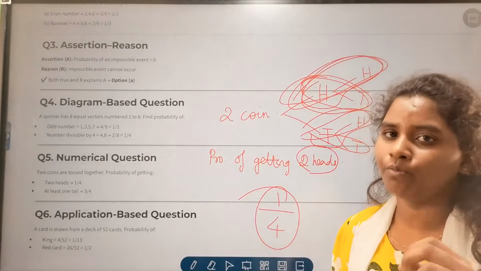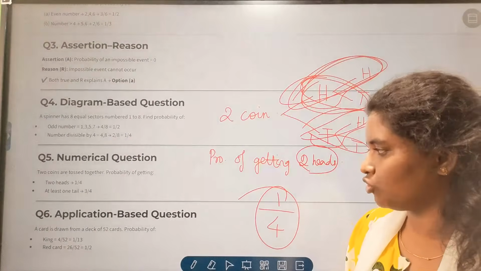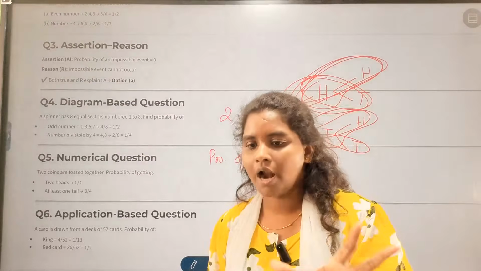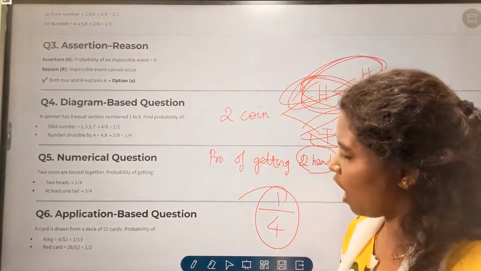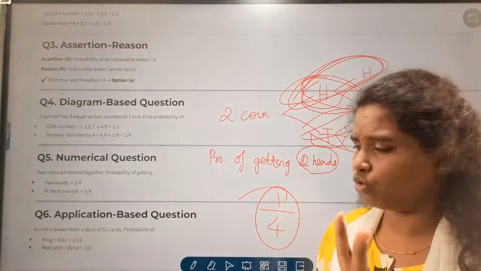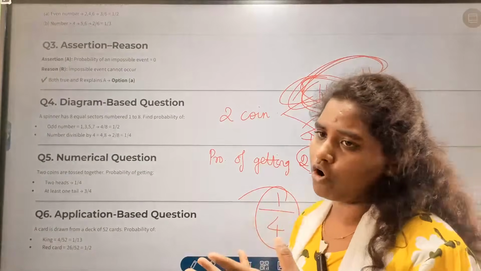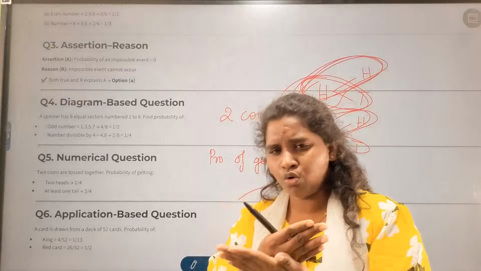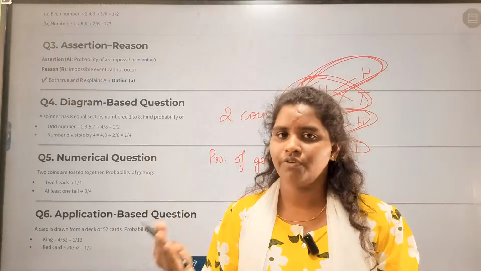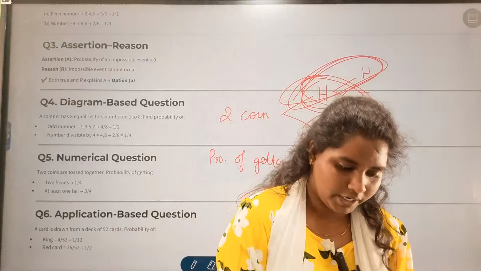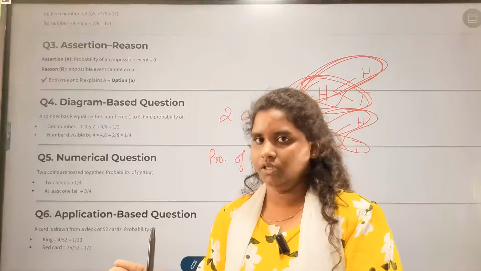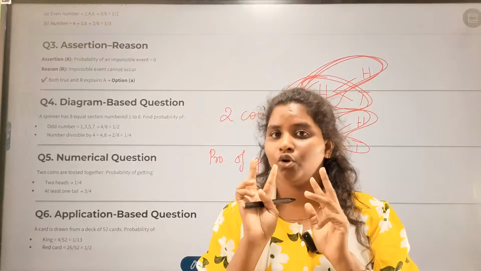It's under the probability chapter. See the last question. It's a card based question, right? Card based question means we have a deck of 52 cards. What is the probability of a king? So out of 52 cards, we separate 13, 13, 13, 13. It's 4 different shapes, but 2 different colors.